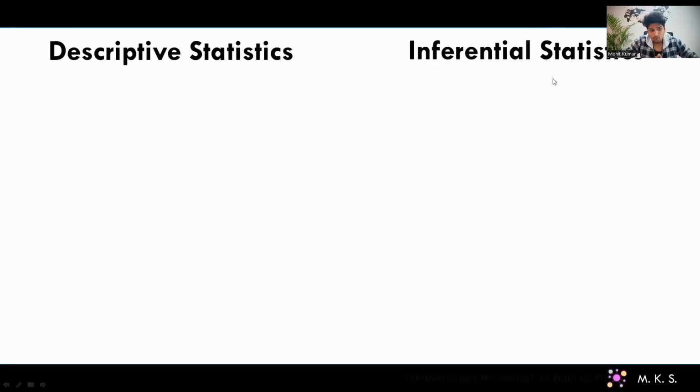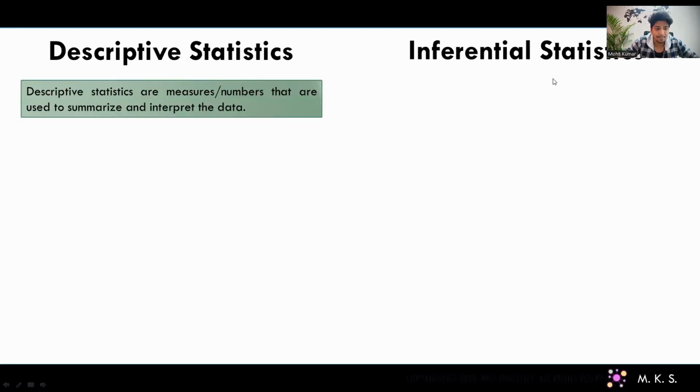So what we will do is look at the definition of these two types of statistical analysis first, and then we will try to understand the differences between these two using examples, right? Now, descriptive statistics provide different types of measures or numbers that we can use to summarize the data.